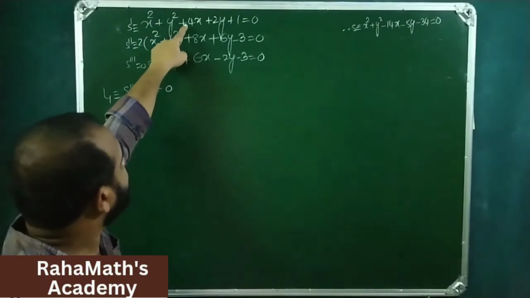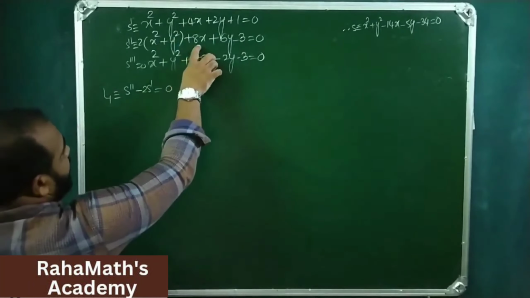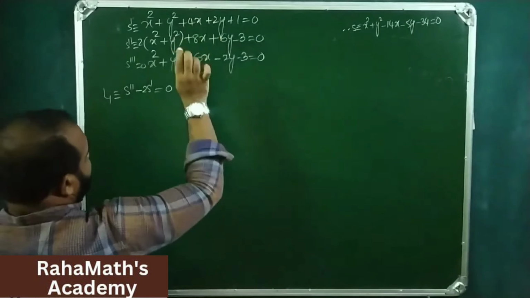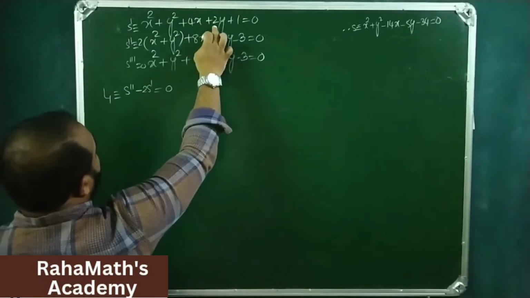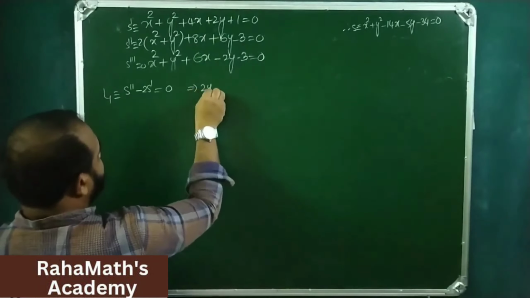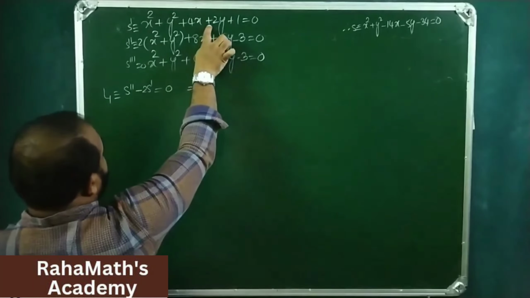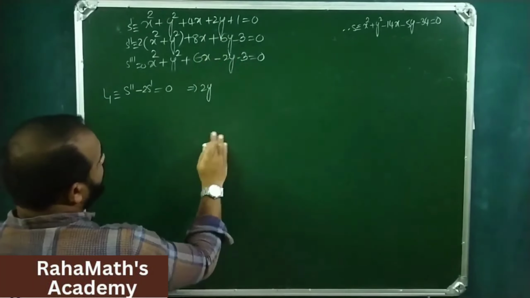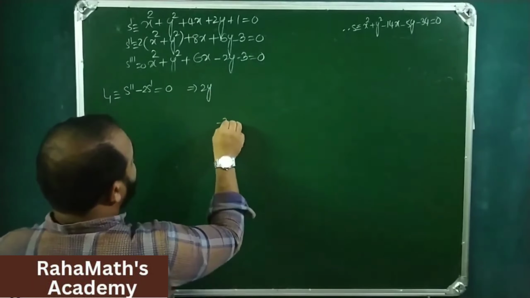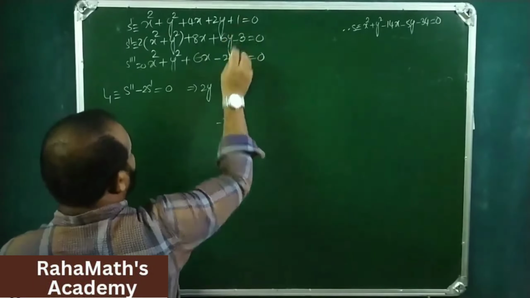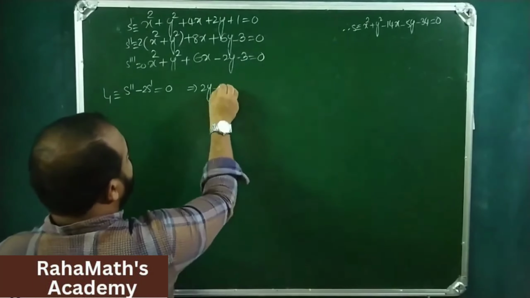So, 8x minus 8x, 0. 8x gets cancelled. 6y minus 4y, 2y. Next, this is minus 3 minus 2, minus 5 equals to 0.